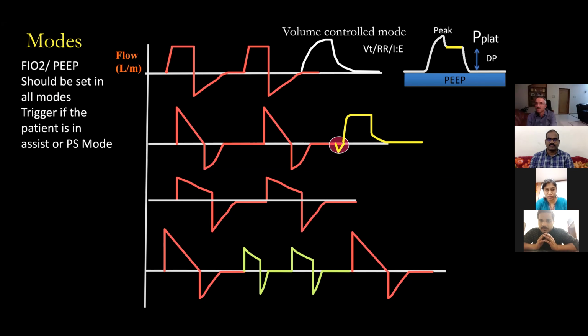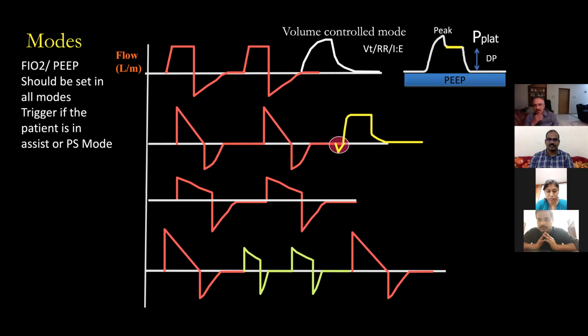Other than that, what do you set in volume control? Set tidal volume, I:E ratio, and FiO2. So what do you monitor? Monitor the peak inspiratory pressure, plateau pressure, and driving pressure.